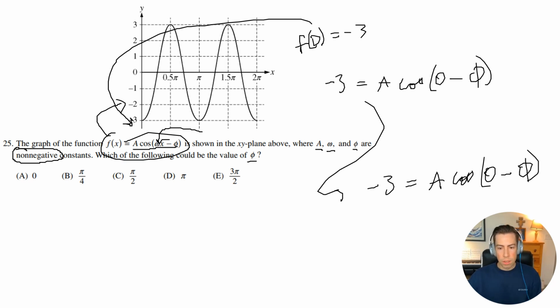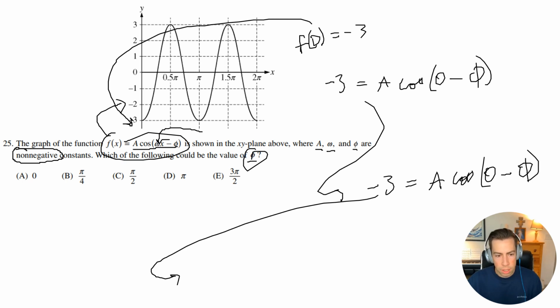Okay. So if this is the case, and I know that phi has to be positive, I really don't have too many options here, right? Because if this is going to be the phase shift, and this is the cosine function, I can only phase shift it by some value of pi.